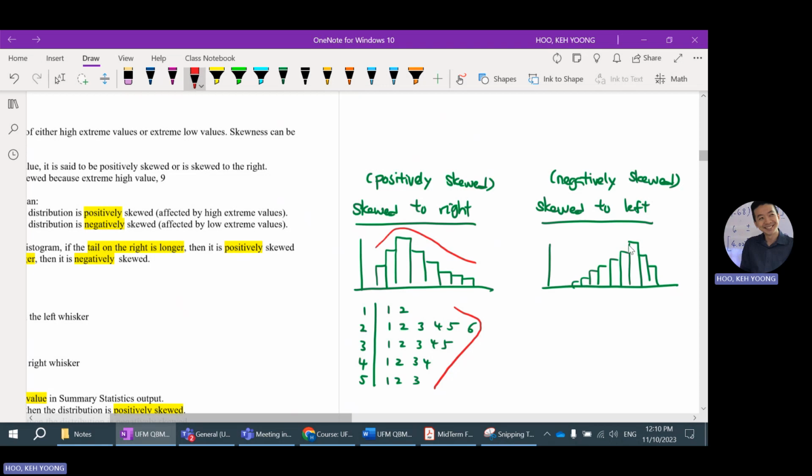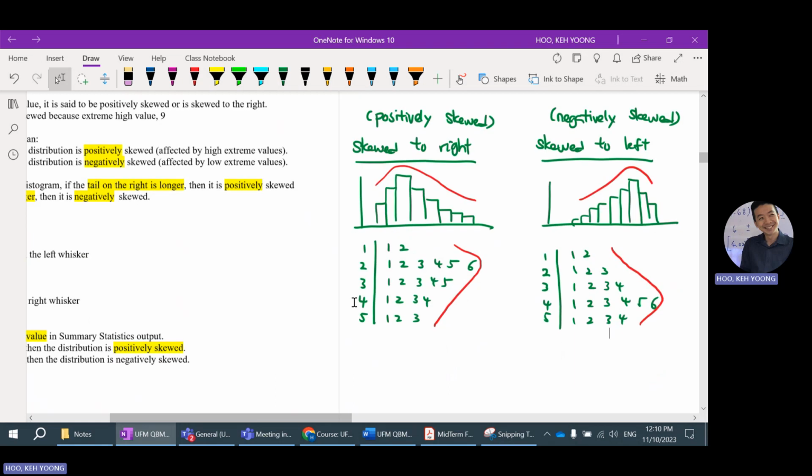So for stem and leaf, just an example, you have a longer tail on the left. That's how we justify using histogram or stem and leaf.